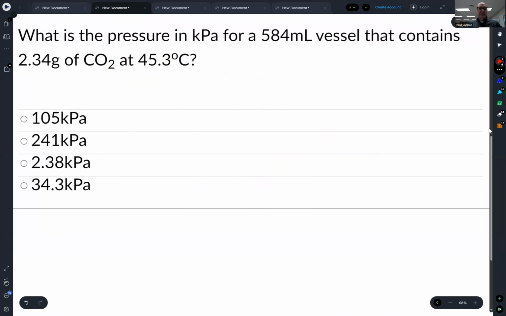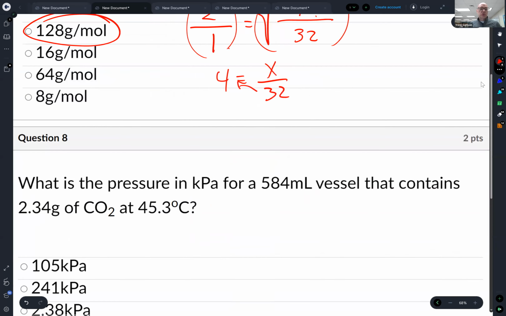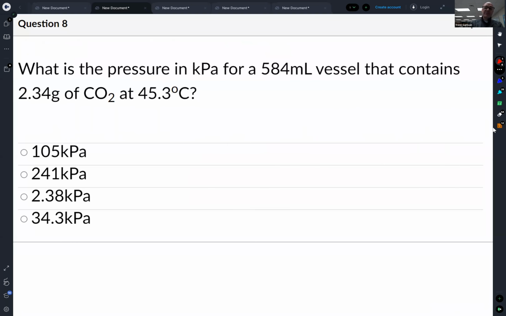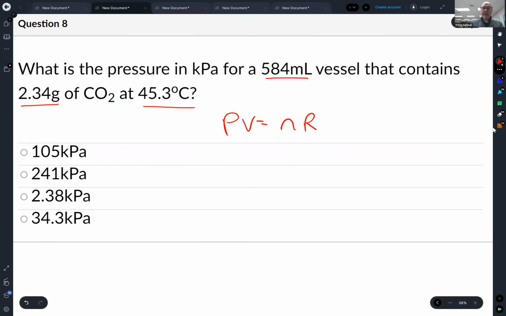Number 9. Oops, number 8. What is the pressure in kilopascals if you have a volume here, a gram amount here, and a temperature here? So this is straightforward. PV equals nRT. Your pressure is what we're looking for. Your volume needs to be converted into liters.